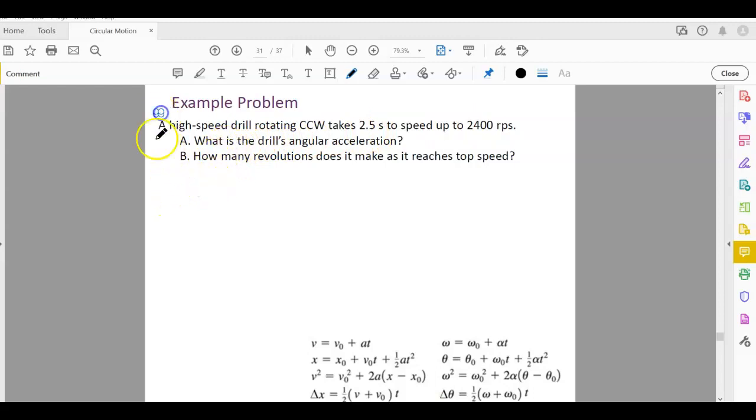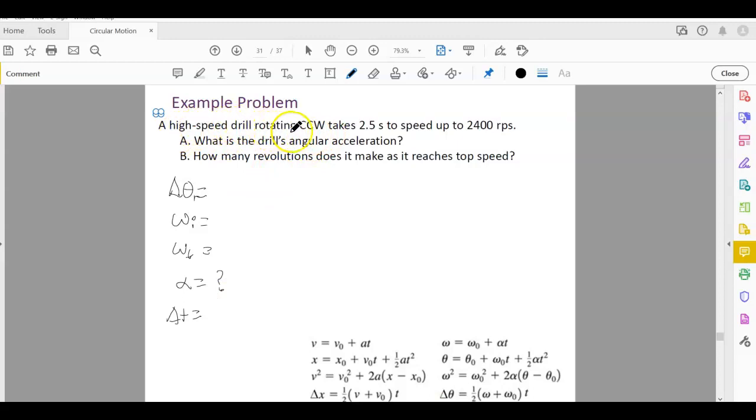So we're going to start this problem just like we've done every other problem. Make a list of the variables that you have: alpha and delta t. So they want to know what the angular acceleration is in the very first part.